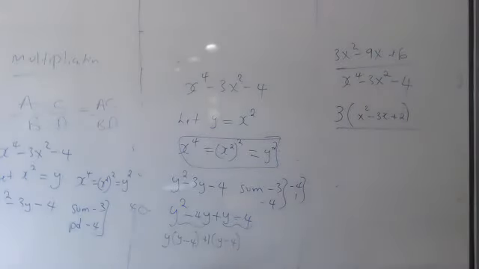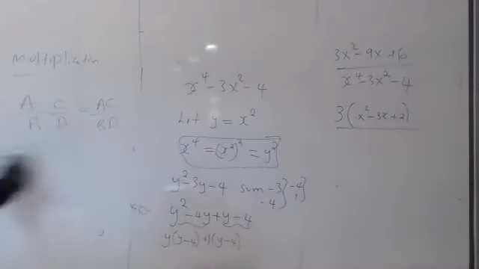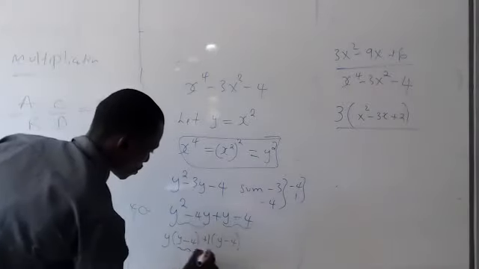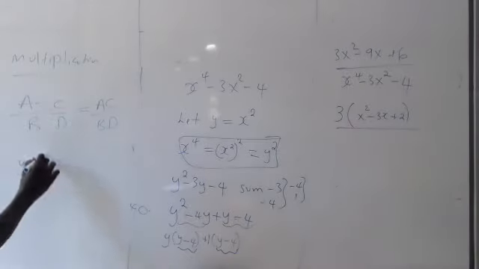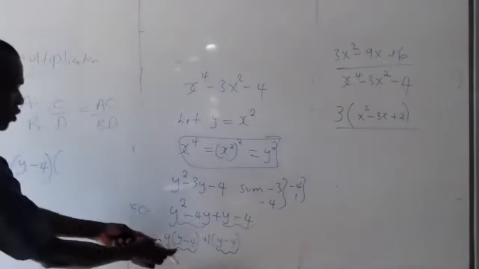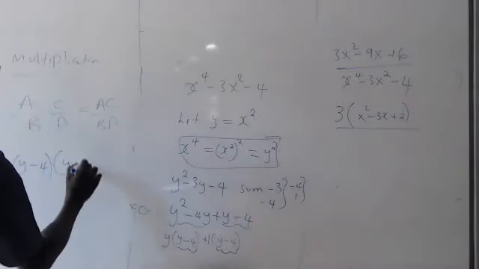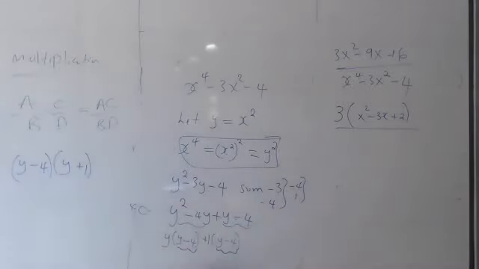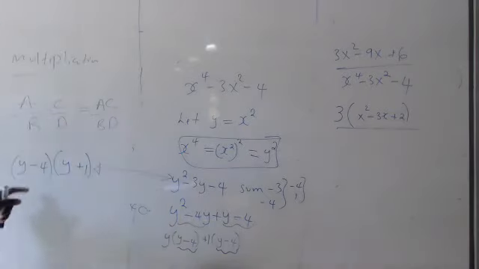So from here, we can factor out y minus 4. We have y minus 4, the first expression we have y, second expression we have +1. So we have been able to factorize y squared minus 3y minus 4 as y minus 4 into y plus 1.